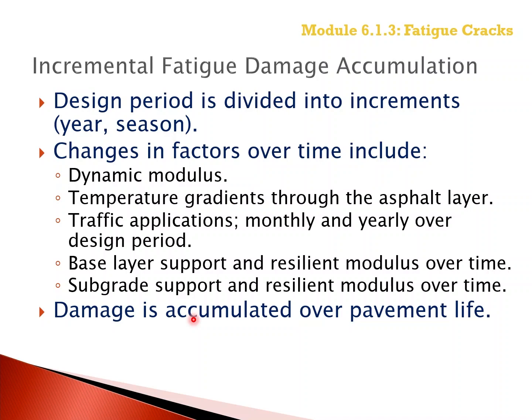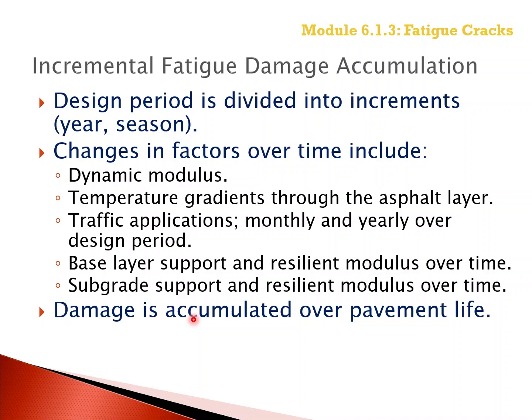Temperature gradients change throughout the day and season or month. Temperature gradients have an impact on the dynamic modulus. The number of axle load applications also increase over time, and the different types of trucks have different axle tire geometries, all of which have an impact on the calculated tensile strain.